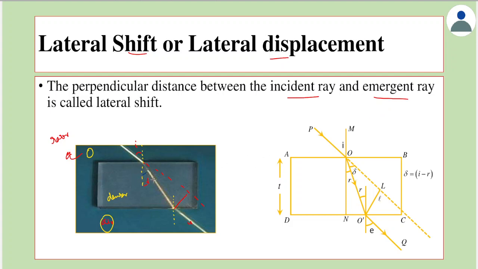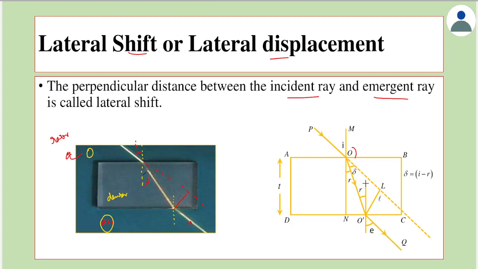Now for the slab as given here, if we look at surface PQ, PO is the incident ray and OR is the refracted ray. For surface DC, O dash is the incident ray and O dash Q is the refracted ray.